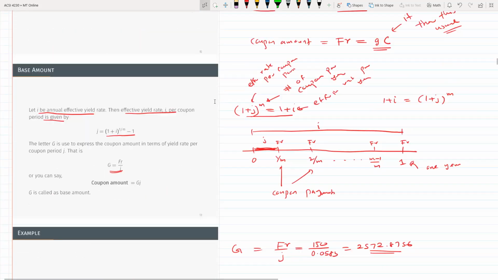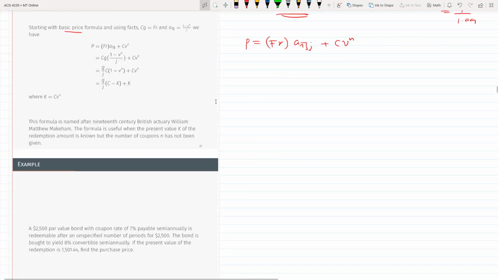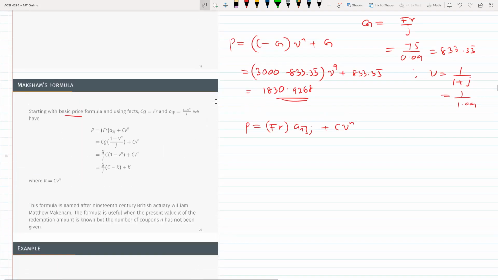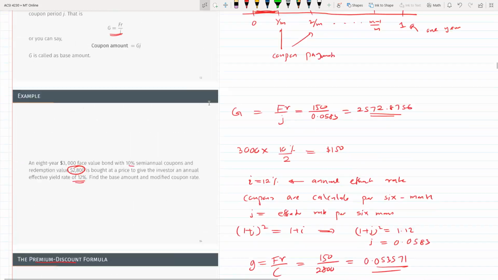So let me go back to the last formula. So I have this notation K is CVN. And then also I know FR is CG. This is a modified coupon rate.